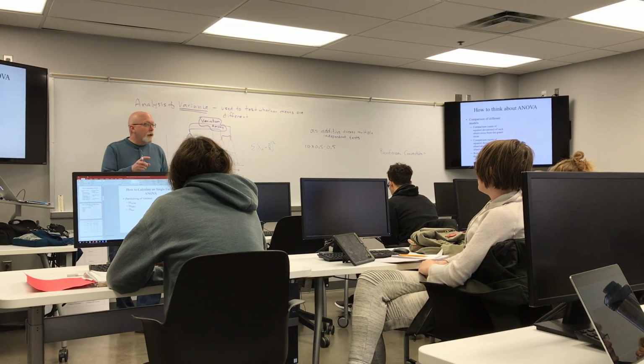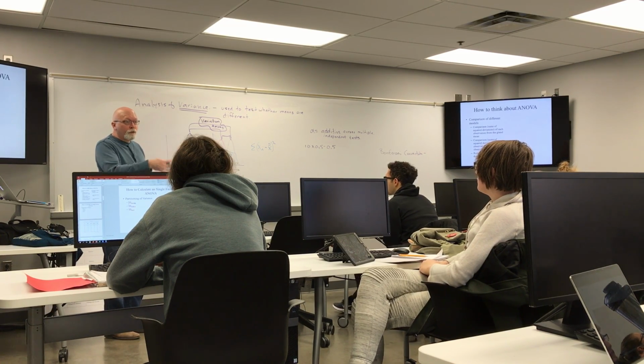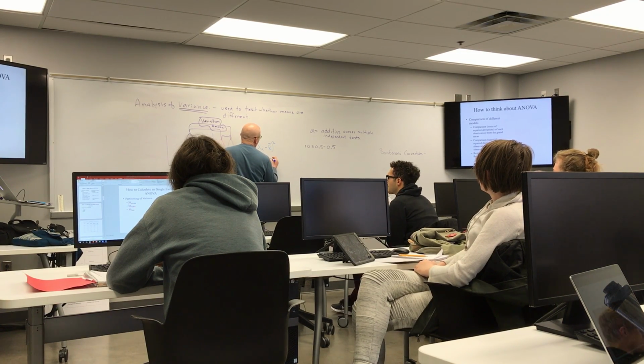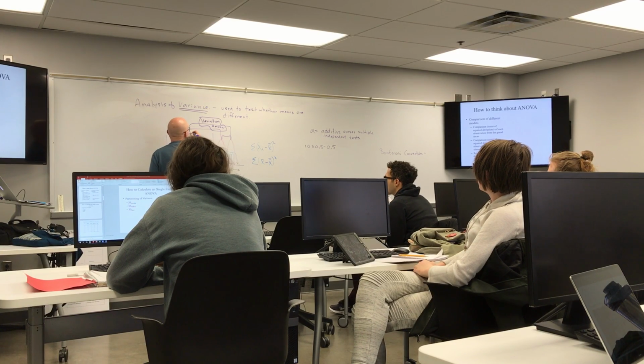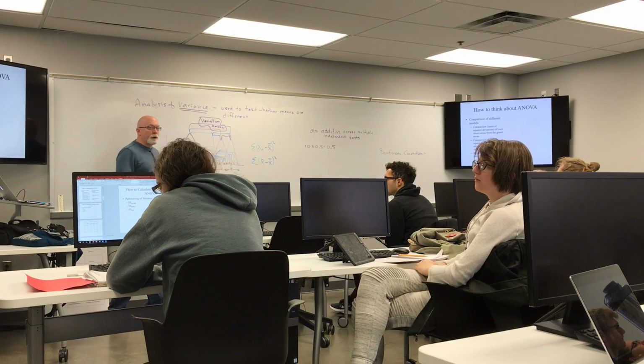This brings home the point that there's another form of variation that is a subset of this overall variation, which is the differences of each of the means minus the grand mean. How does this mean differ from the grand mean? How does this mean differ from the grand mean? And how does this mean differ from the grand mean?